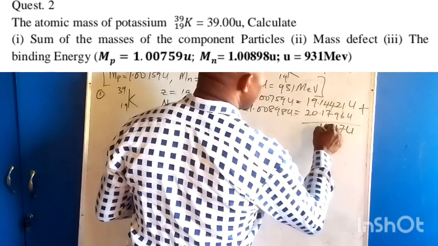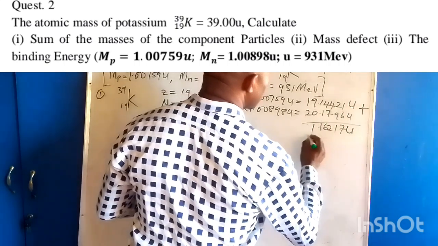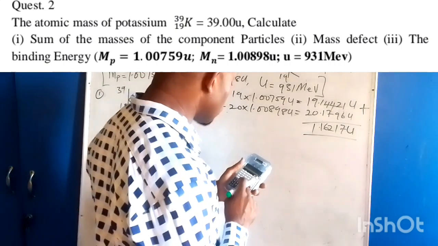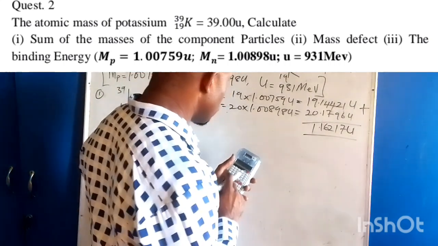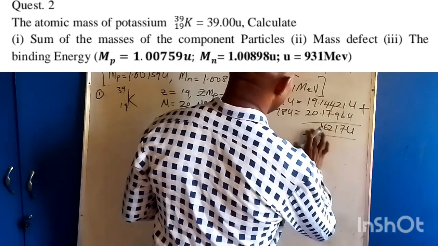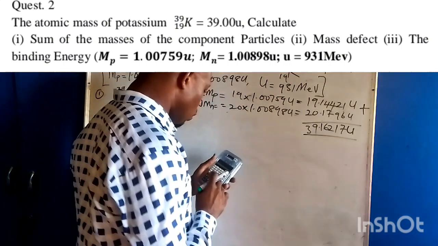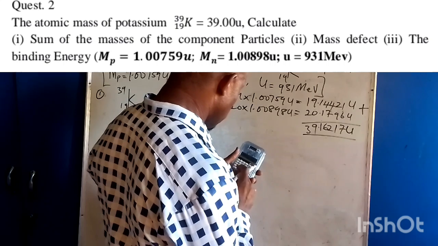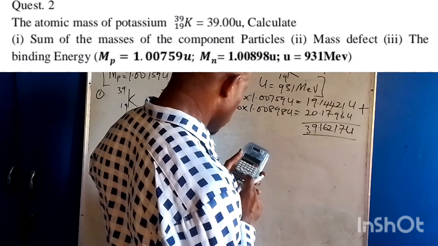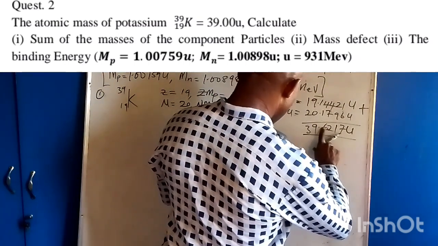Bring down 1 here. So 19 plus 20 will give us 39. So let us check it. Sorry, this will give us 39. So 20 plus 19.14421, we got 39.3981.